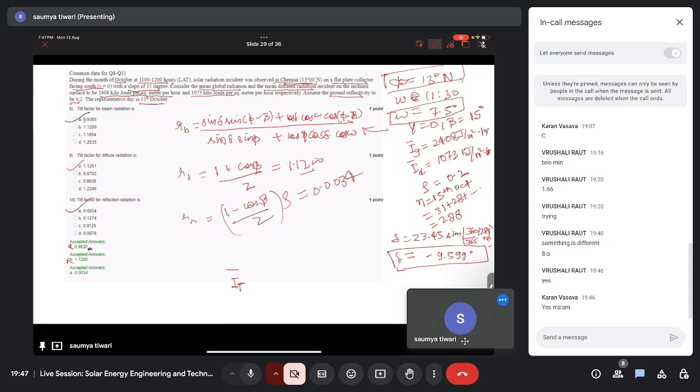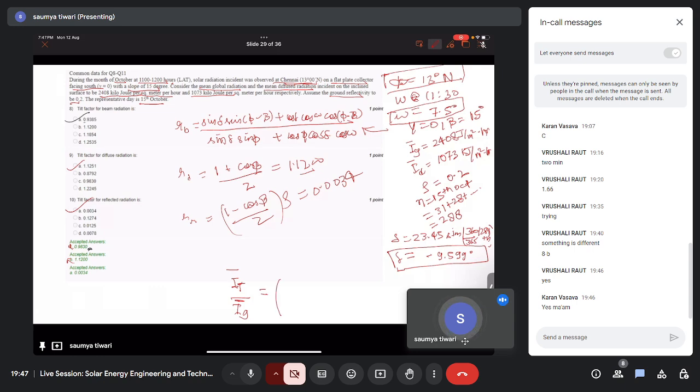I'll just explain it. After calculating all the tilt factors, you know the formula for calculating the monthly average hourly radiation in terms of monthly average global radiation.